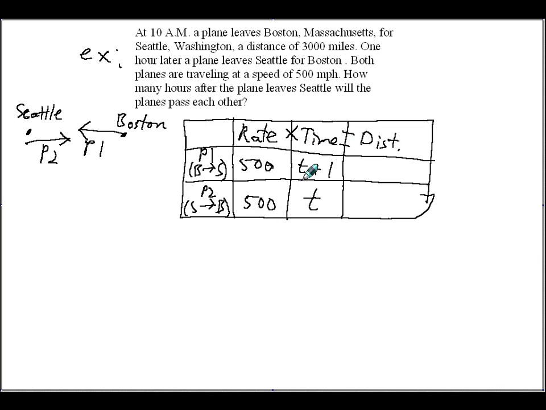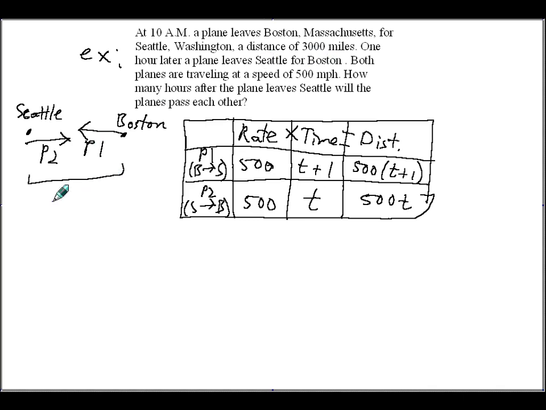Let's calculate the distance of each plane then. The distance for plane 1 is 500 times t plus 1, and the distance for plane 2 will be 500t. Let's look at the equation that we get from this table. The distance apart for the two cities is 3,000 miles.